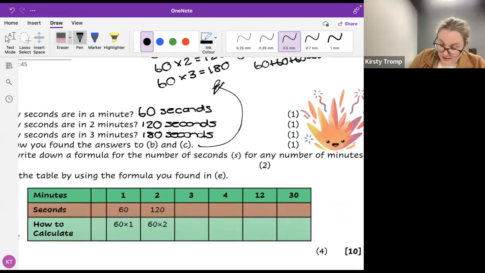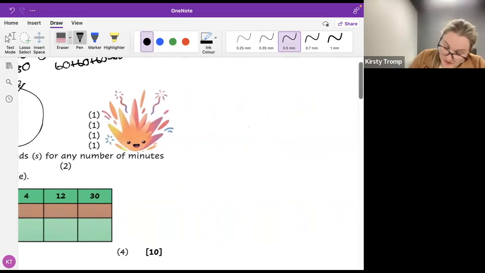In other words, I want to see S is equal to, and then a formula. So S is equal to what? Who can give me a formula?